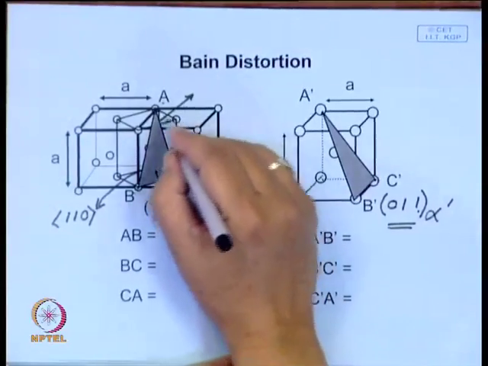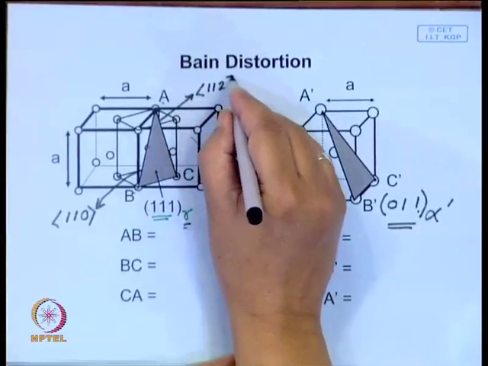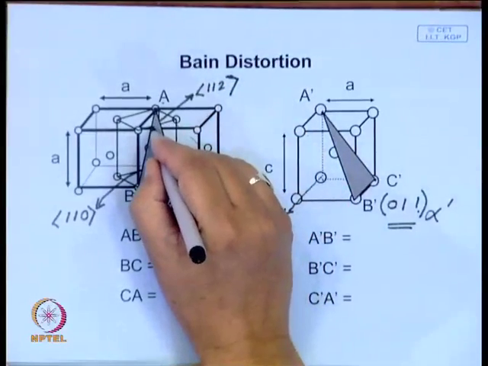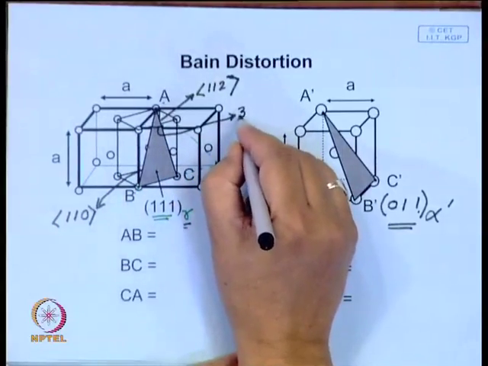So, this particular one is a 1 1 2 type direction, and if you try and find out this angle, it will come out to be around 30 degrees.